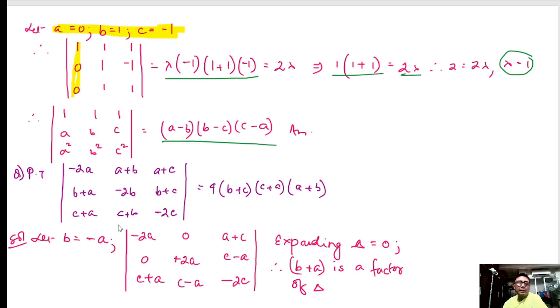So again, let B equal to minus A. So instead of B, wherever you see B, put minus A. So we see that we got this.